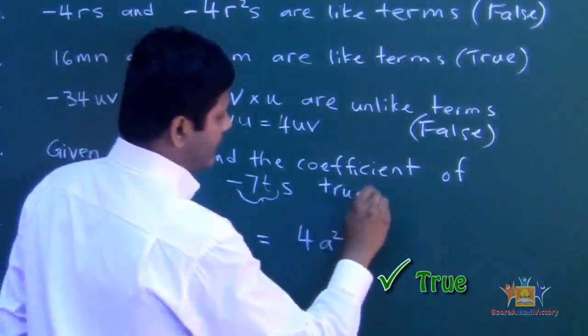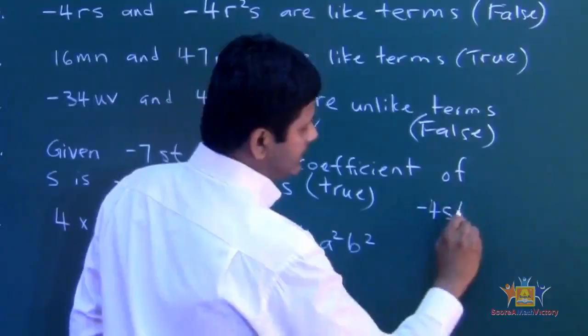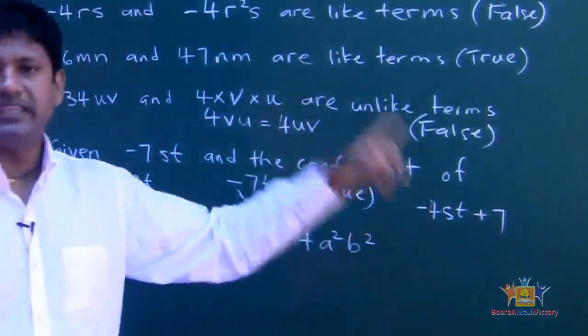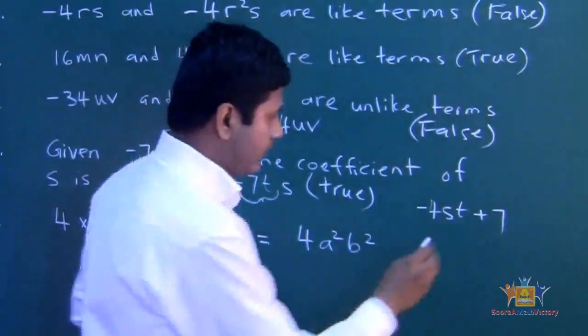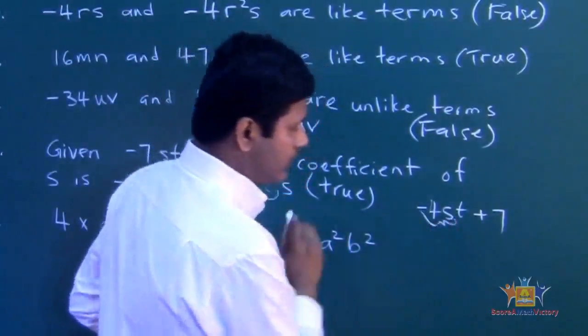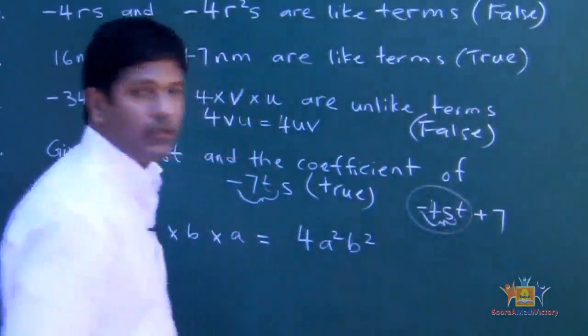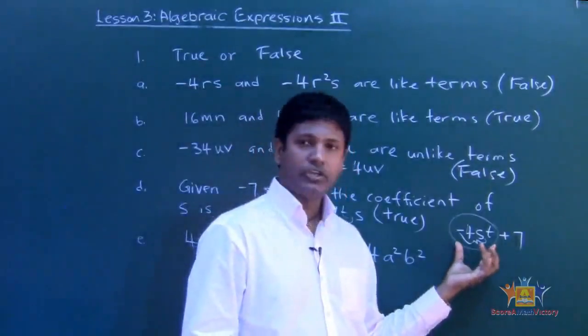Now let's say, for example, Mr. Mac gives you negative 4st plus 7, and I'm asking for the coefficient of t. What is the coefficient of t? This right here is the coefficient. I'm referring to this term right here. This whole thing is called an algebraic expression, and this is the term.